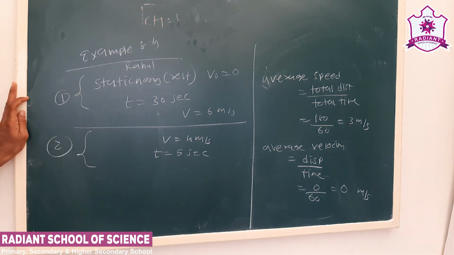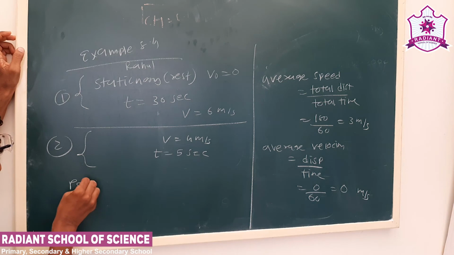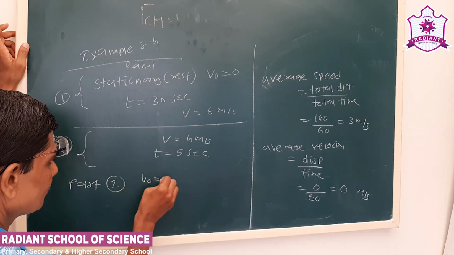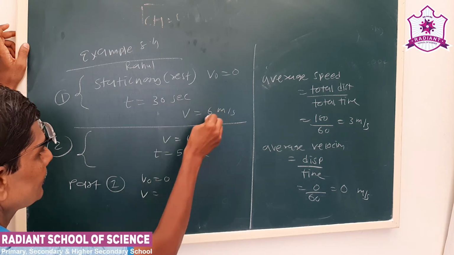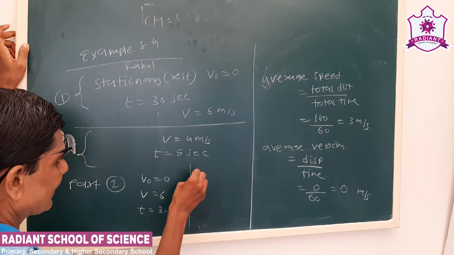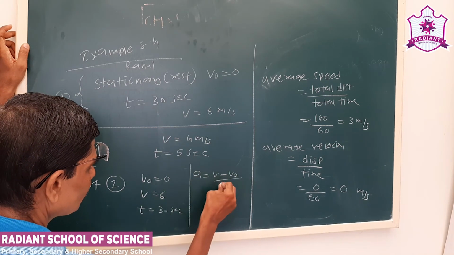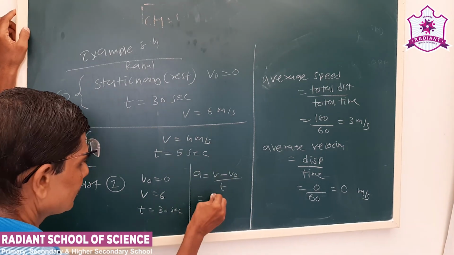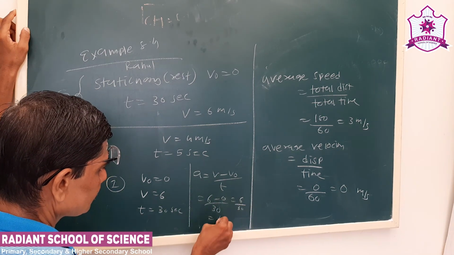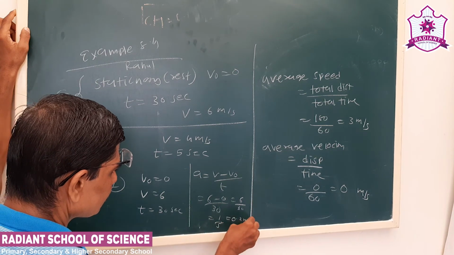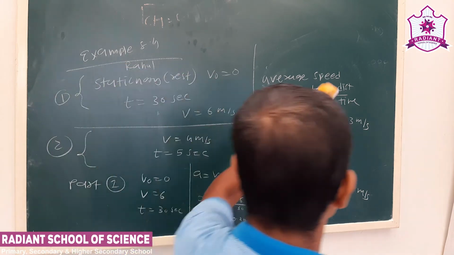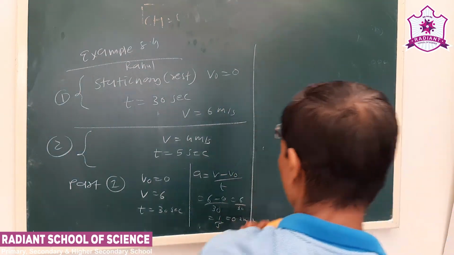Now let us say part 1. Starting from rest, that is, V0 is 0. V is how much? 6 meter per second. Time is 30 seconds. So what is the acceleration? V minus V0 upon t. That is 6 minus 0 upon 30, that is 0.2 meter per second squared. This is part 1. Now part 2.